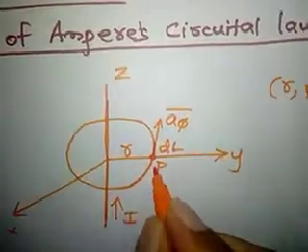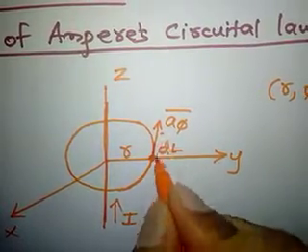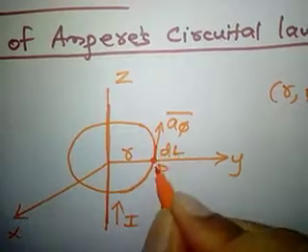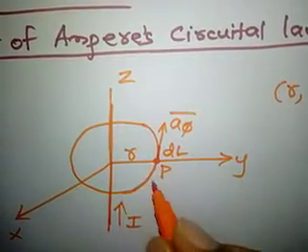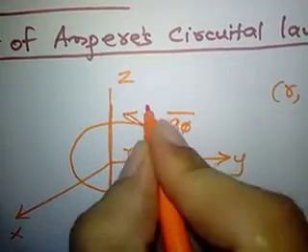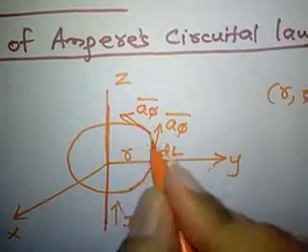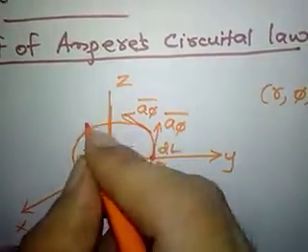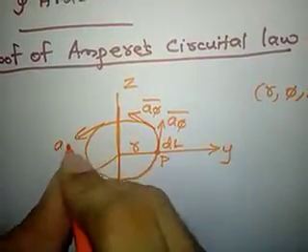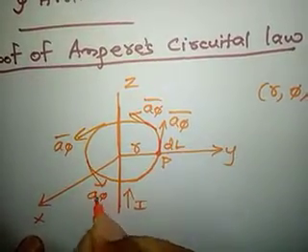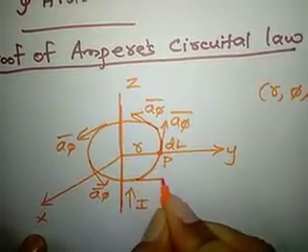The angle phi, this a phi bar will be tangential to the closed path here. Similarly, this a phi bar moves tangentially throughout the path, like this. It is tangential.